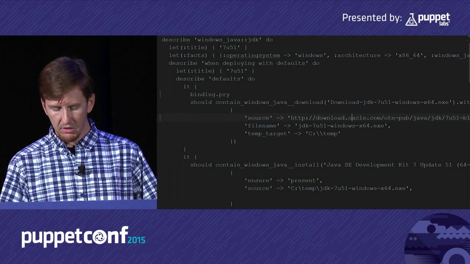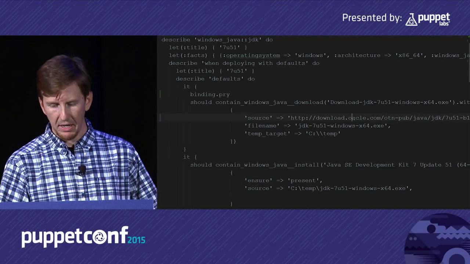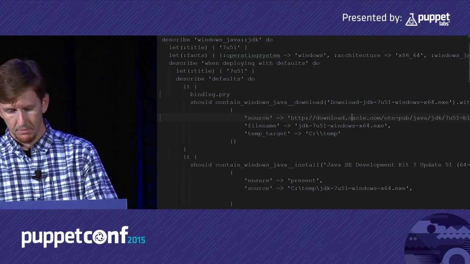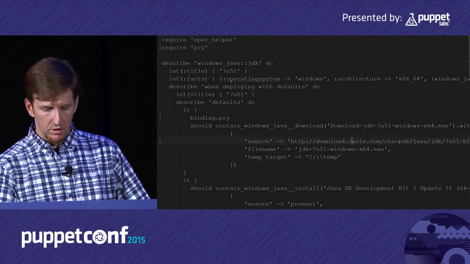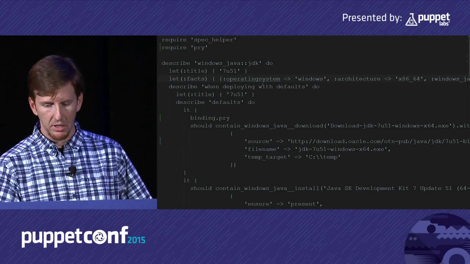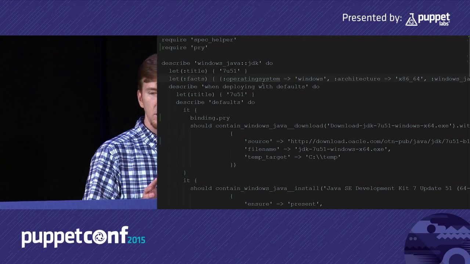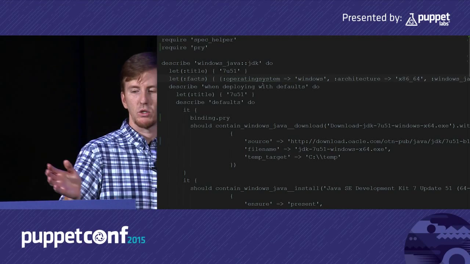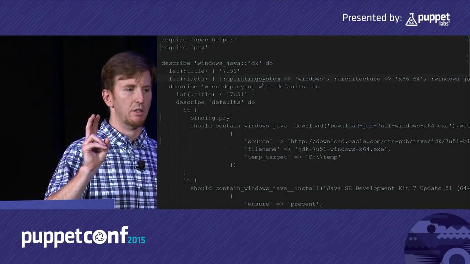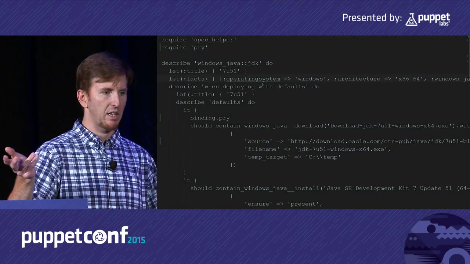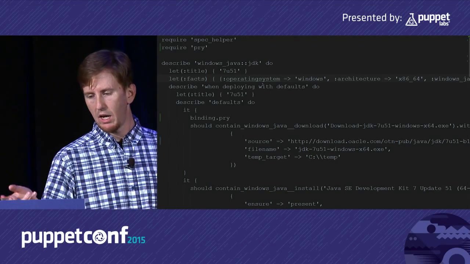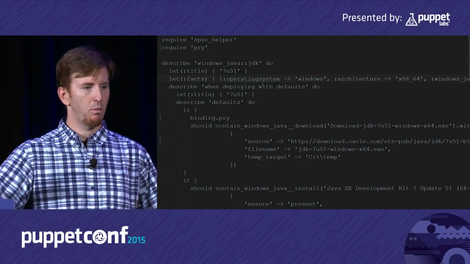So this is a pretty basic RSpec test. Some of the things, of course, you're going to want to stub out because you want to be able to confine your test. It's mocking out Windows, and when it's not a Windows system and you're expecting it to be a Windows module only, you're stubbing out the Windows operating system.